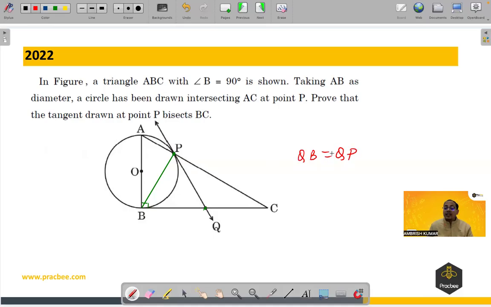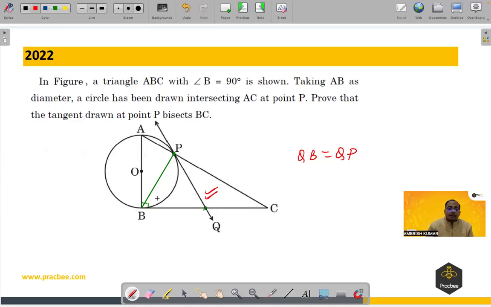If somehow we can prove that this QP is going to be equal to QC, then both QC and BQ become equal to QP. It means BQ and QC will be equal. So Q will be the midpoint of BC. So see how we can prove this. For that, we need to prove this triangle to be isosceles. So this is the plan for how we have to proceed.